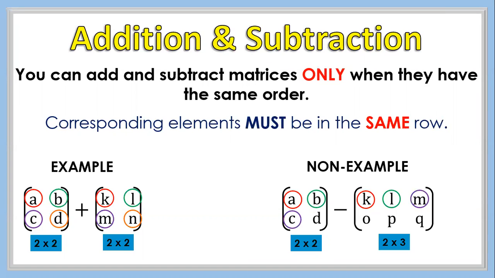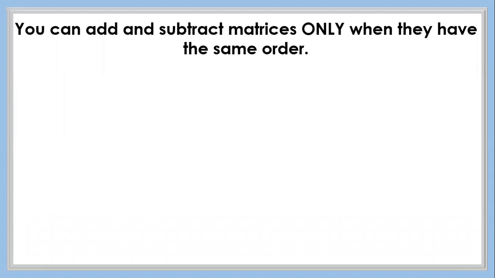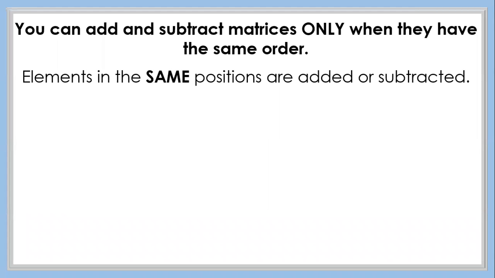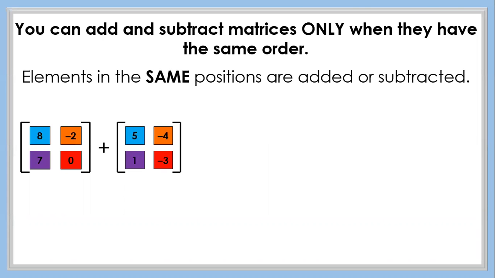Let us look at some examples of how we can add or subtract matrices. So in this example, we are given two matrices where the first matrix is a 2 by 2 matrix or a squared matrix, and the second matrix is also a squared matrix or a 2 by 2 matrix.